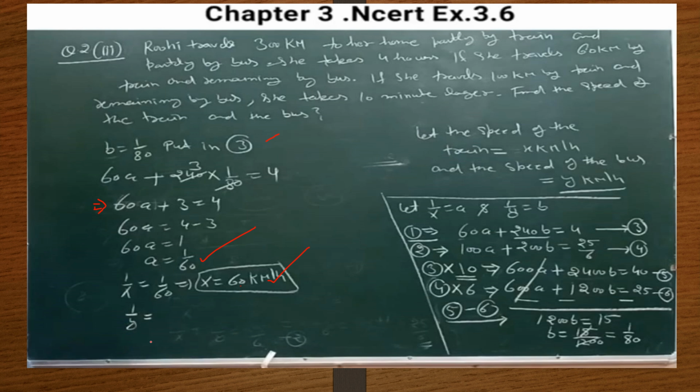Similarly, we will find y. 1 by y is equal to b, so 1 by y is equal to 1 by 80. When we do cross multiplication, this implies y is equal to 80 kilometer per hour.